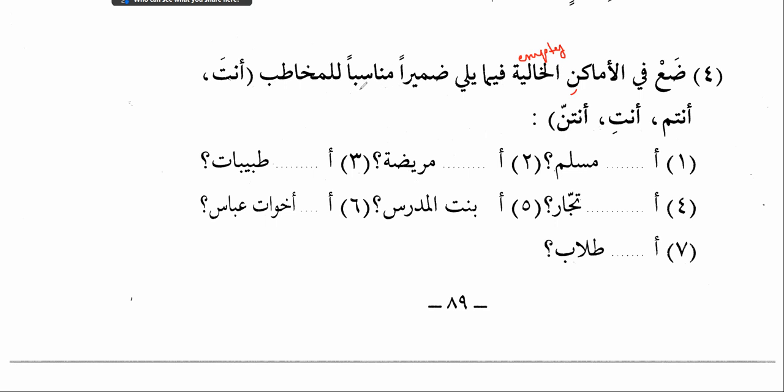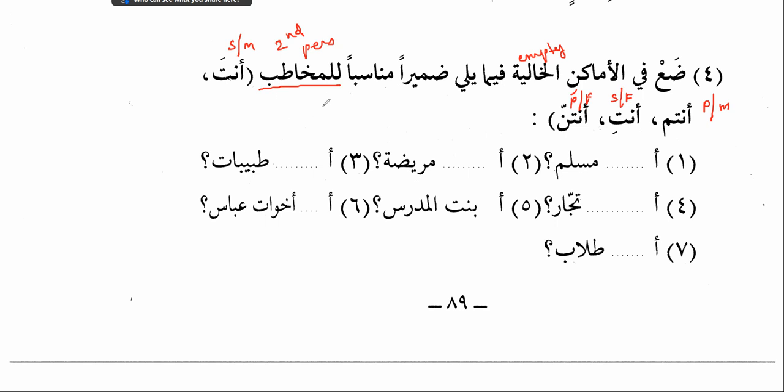Damiran munasiban means suitable pronouns lil muhatib, for the second person. So all the pronouns here are for single male and plural male, single feminine and plural feminine. So we are doing four: single male, single feminine, plural male and plural feminine.